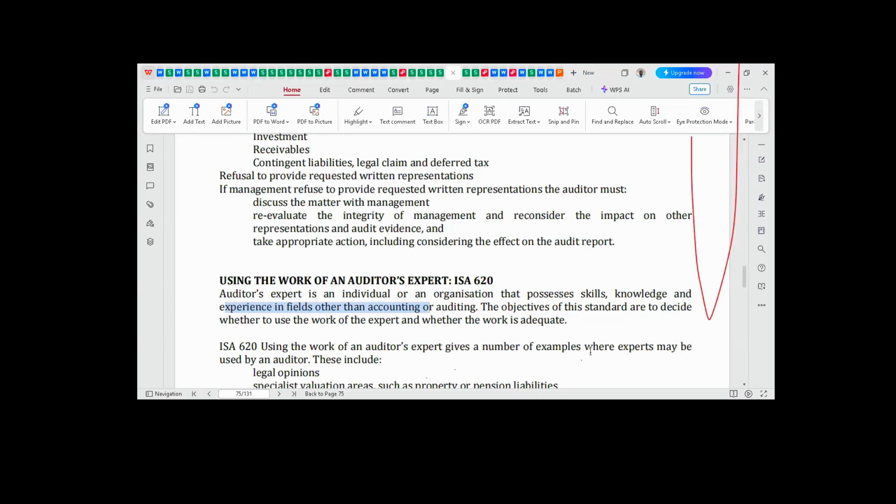Now, no auditor in this world can tell you the value of such buildings at these stages of completion. No auditor can do it. What the auditor will do is engage the services of what? An expert. The expert will now go and perform his own procedures.